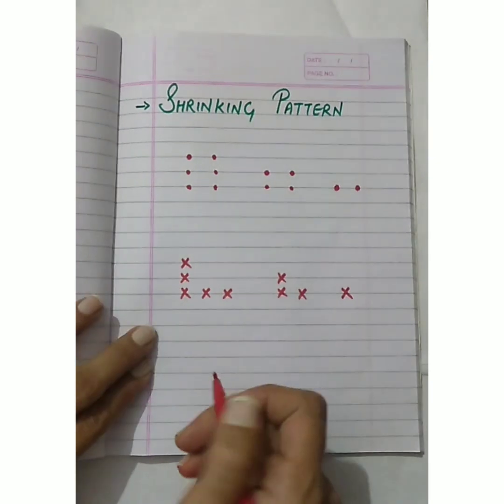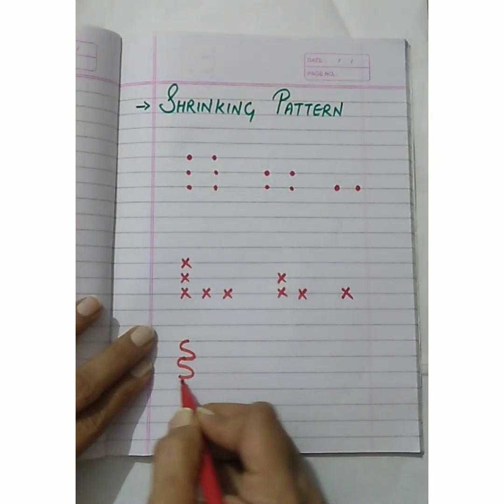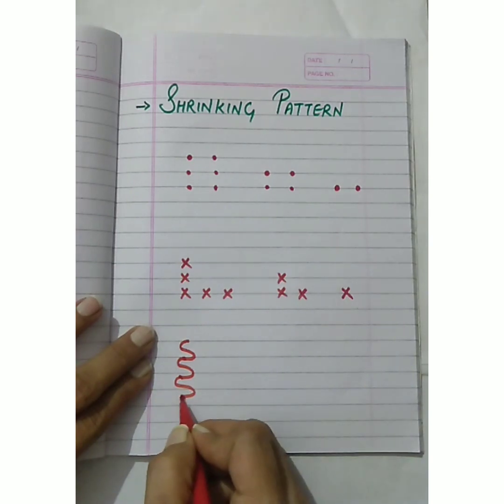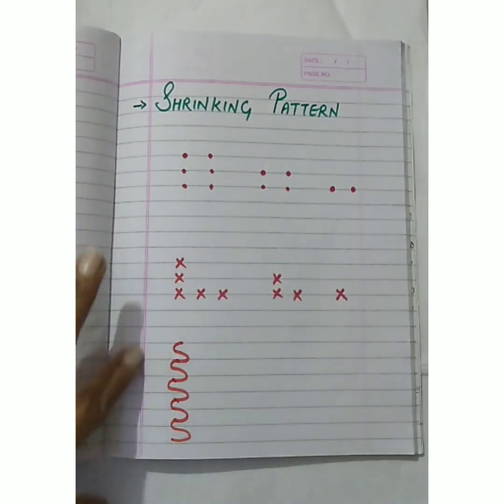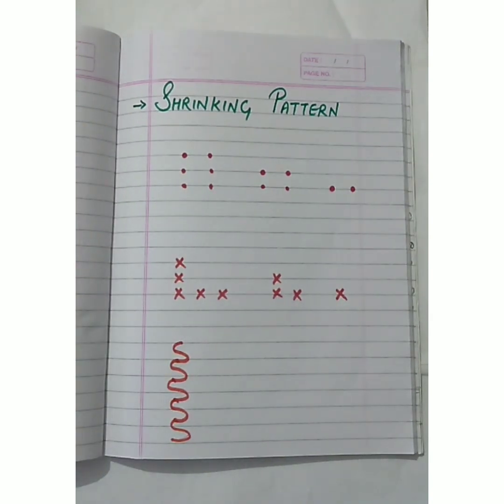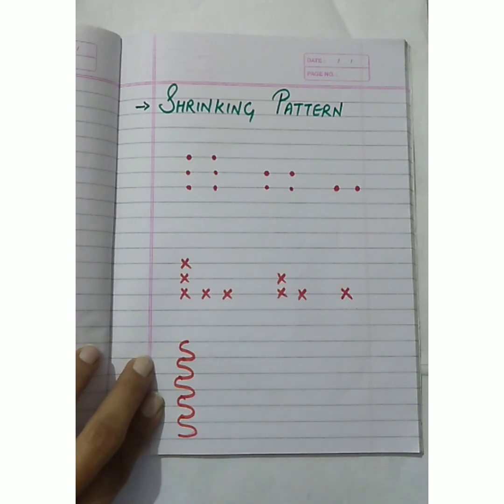Now let us see one more. 1s, 2s, 3s, 4s and 5s. Now you can see a design of S, a zigzag design. Here I made it up with 5s.